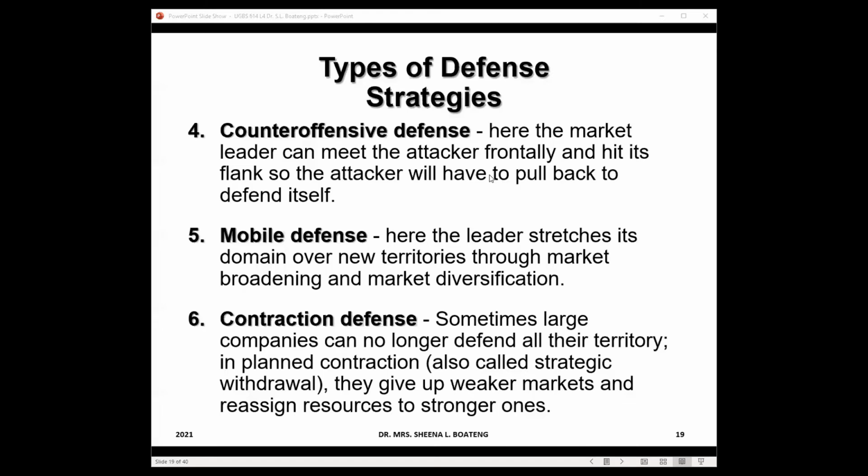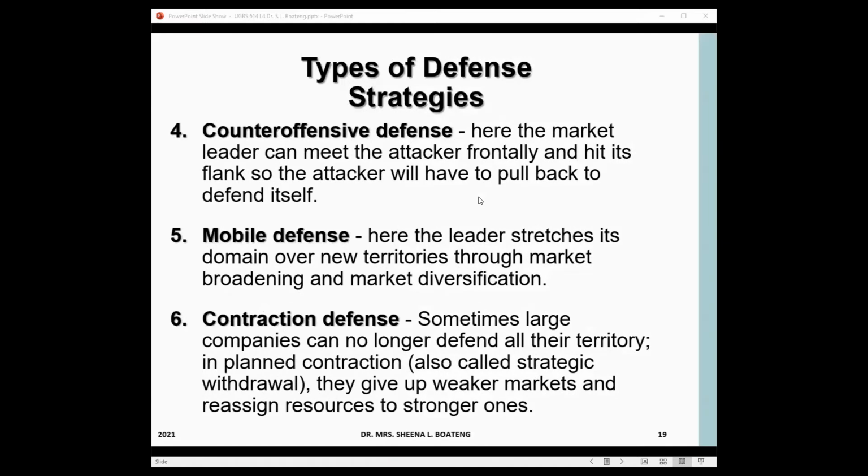And that's another example of contraction defense, right? So in a nutshell, these are the main 6 defense strategies that the market leader can use in order to defend or protect their current market share in the marketplace.